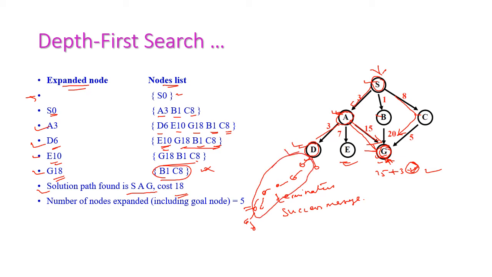And sometimes there may be a loop. Once this algorithm gets stuck in a loop, it cannot come out, so without finding the goal the program terminates with a failure message, because it is stuck in an infinite loop. So these are the drawbacks of the depth first searching algorithm.